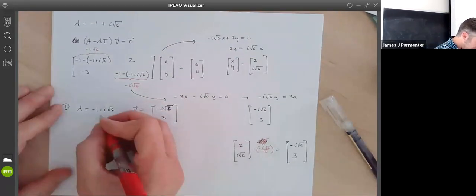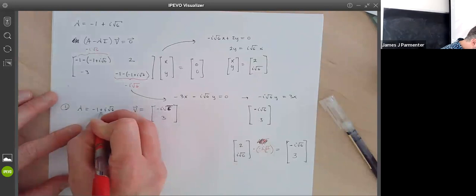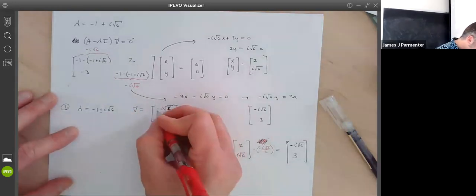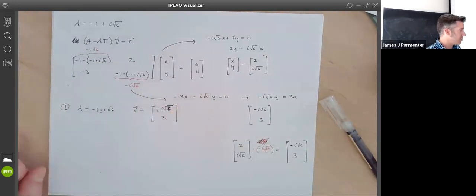Because we know the other eigenvalue is -1 minus i root 6. And the other eigenvector would be positive i root 6, 3. So the nice thing about these complex eigenvalues and eigenvectors is that once you know one of the eigenvector pairs, the other one is just the complex conjugate. So every imaginary part just changes sign. It's kind of great.